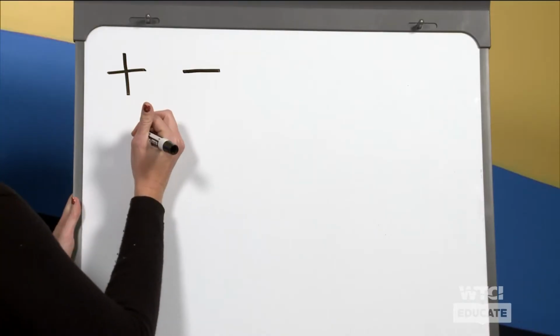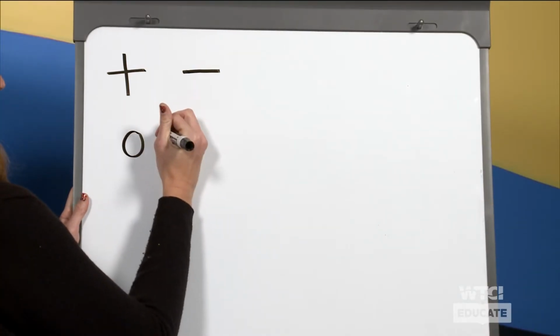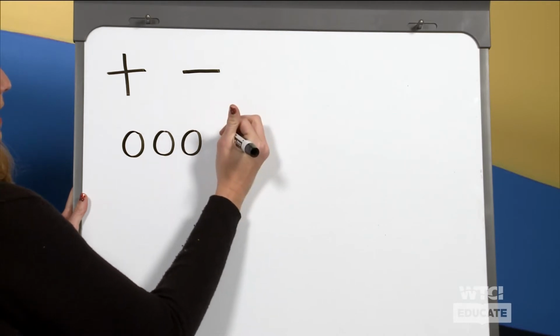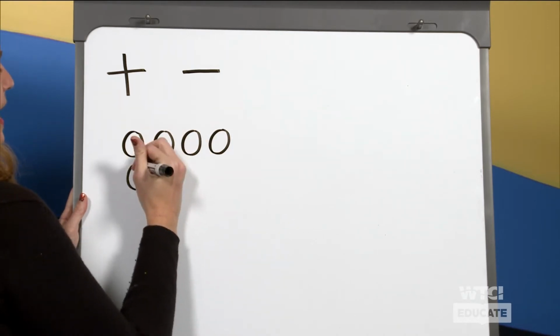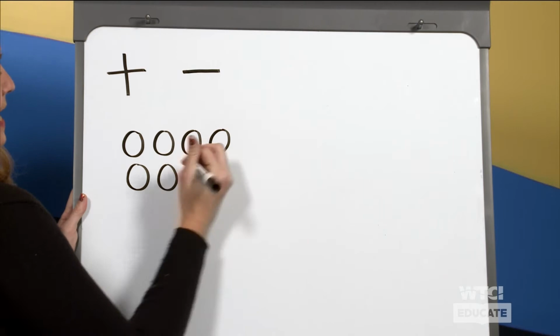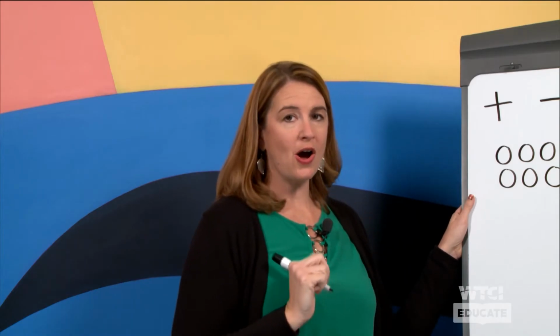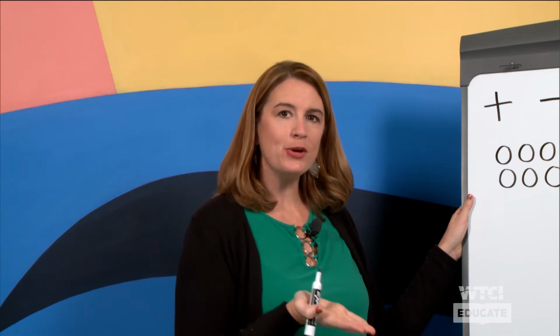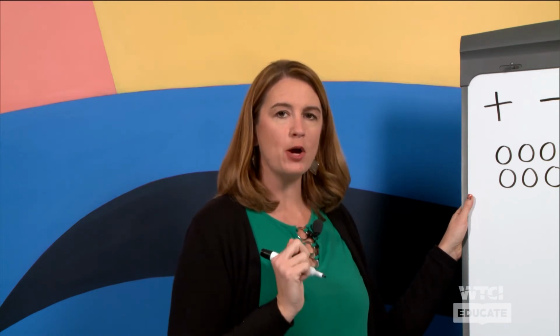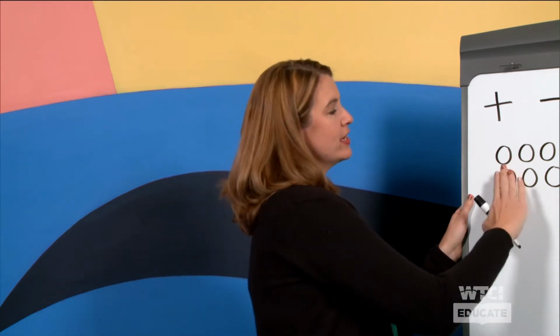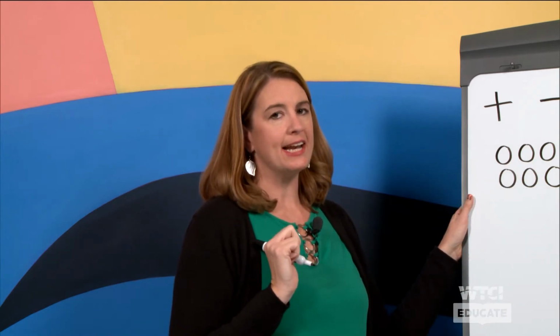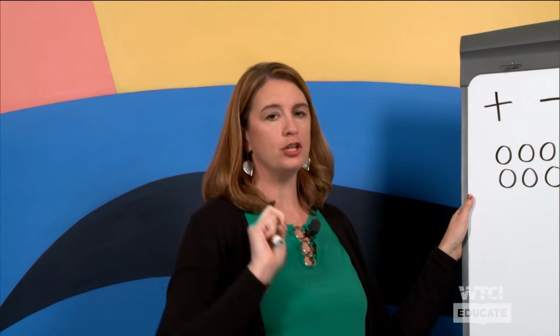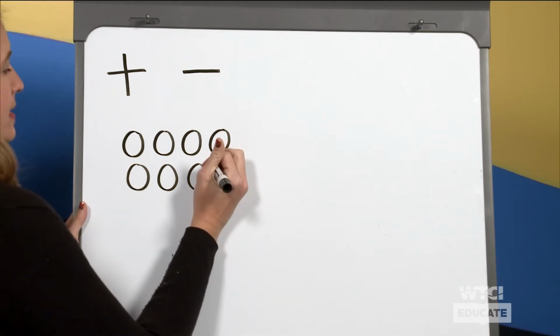So here come my 7 circles. 1, 2, 3, 4, 5, 6, 7. 2 cars left. What can I do to show that 2 of those cars left to go park? I could erase, but I think instead I'm going to put an X on the 2 cars that left to represent that.